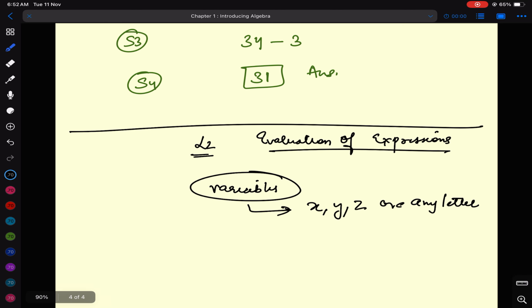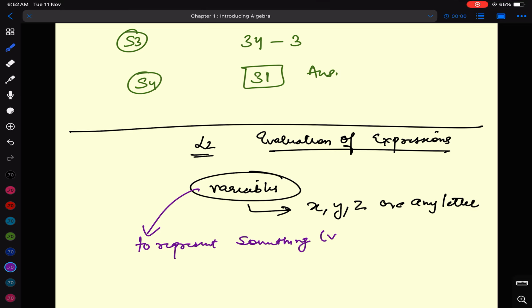They basically represent a value which is unknown to us, okay, which is not known to us. That is what we call a variable. Clear? So we represent the value which is not known to us with a variable. That's our understanding of the variable. Correct?